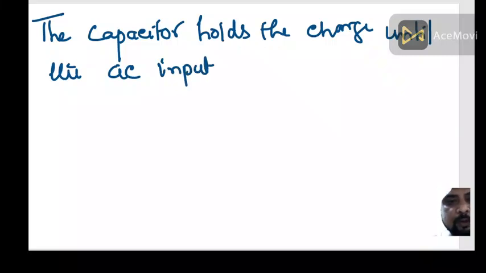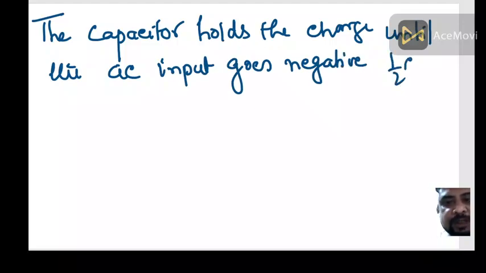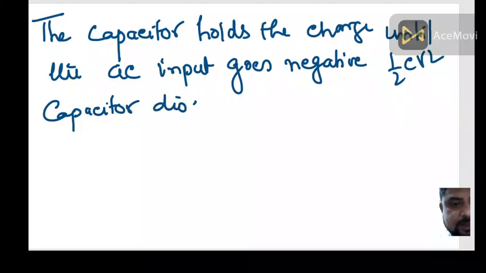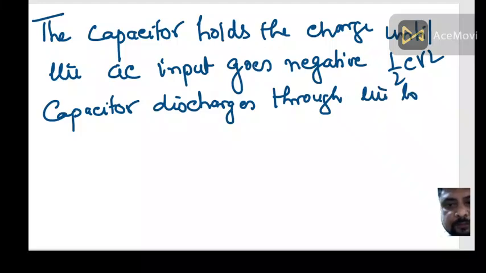This charge is stored in the form of energy, half CV square. The capacitor discharges through the load.